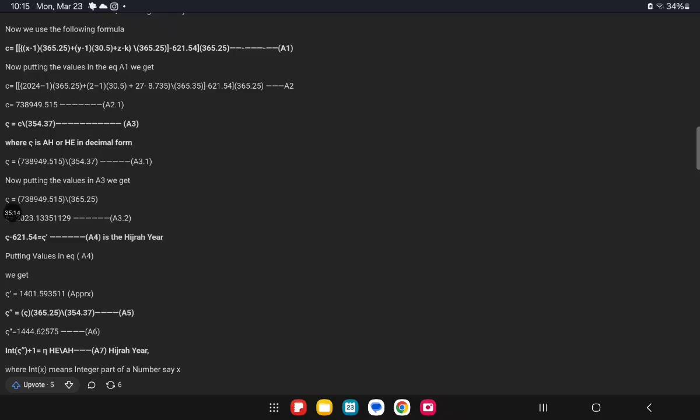And now here it weirdly divides by 365.25, even though both here and here had established they're dividing by 354.37. So I'm confused.